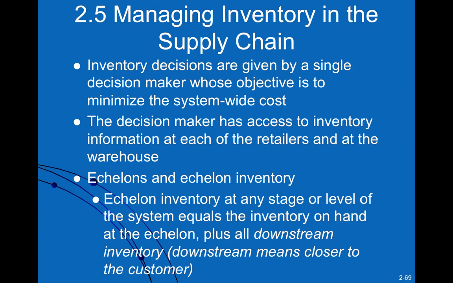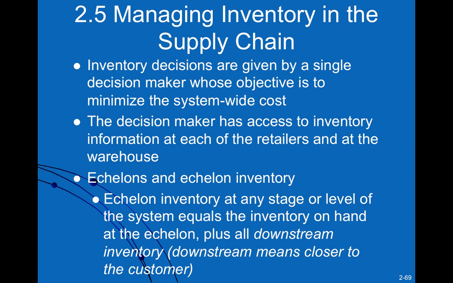So we often talk about the echelon inventory, which is basically the inventory at a particular stage in the supply chain. That means we're looking down the chain at a particular stage and asking, what is the echelon inventory? The inventory at that stage takes into consideration what inventory is in that facility plus all the inventory that is following that.